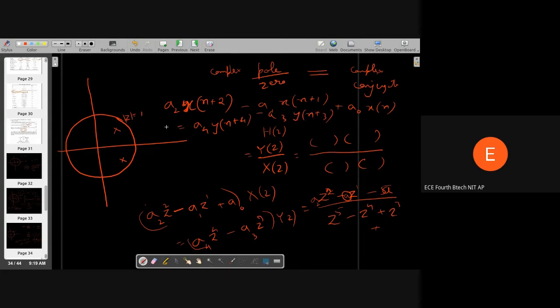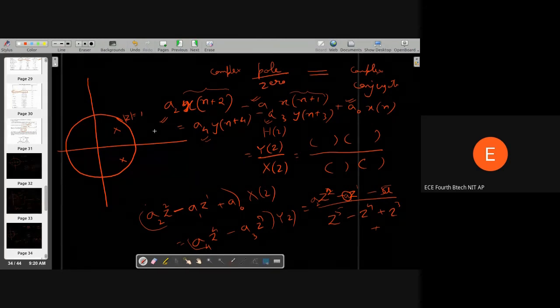Now these coefficients are all real numbers. They have to be real. These are our outputs and inputs. They are related, and we multiply in the time domain by some real values, some amplitude. That's how we do it.